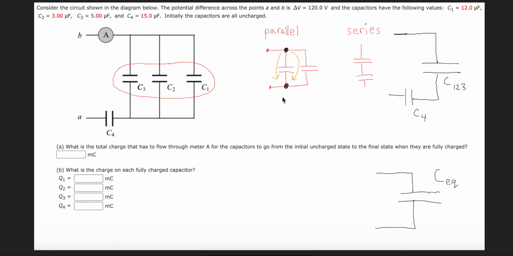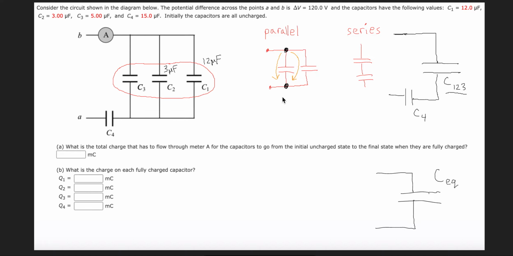Now, first of all, we want to figure out what is the capacitance of C123. How many farads would it be? Well, C1 is 12 microfarads. C2 is 3 microfarads.